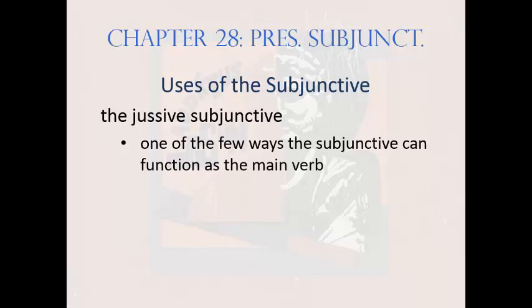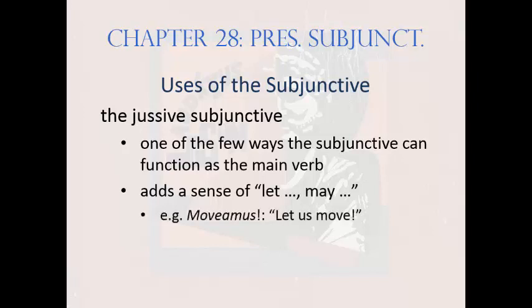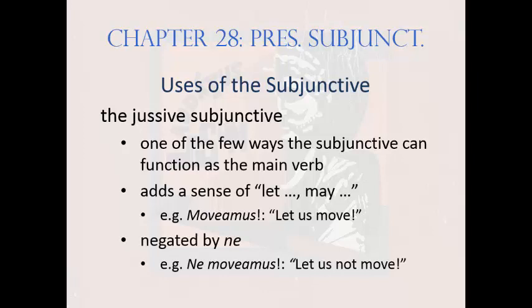You know it from the verb iubeo, iubere, iussi, iussum, meaning order, command. So the jussive subjunctive is the ordering subjunctive. It adds a sense of let or may to the main sentence. For instance, moveamus, meaning let's move. And it's negated with ne, as in ne moveamus, let's not move.